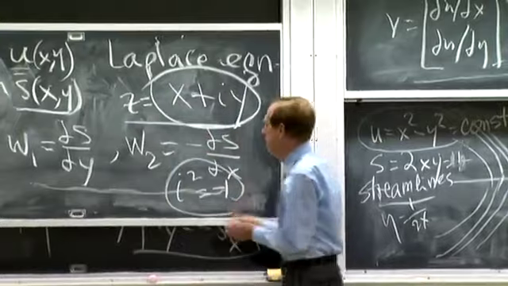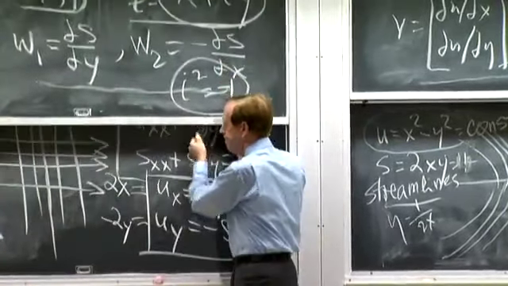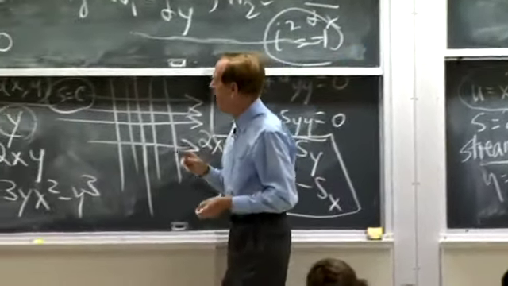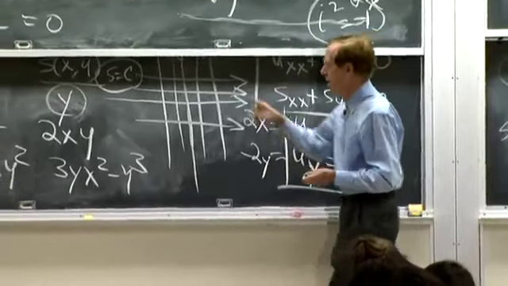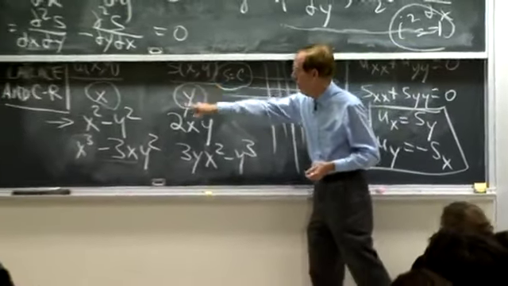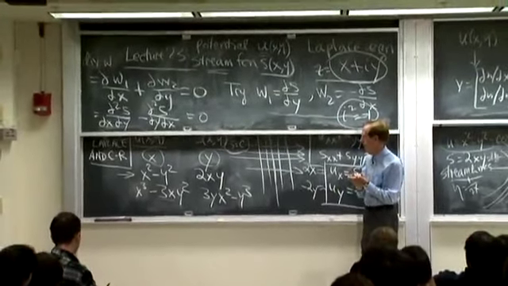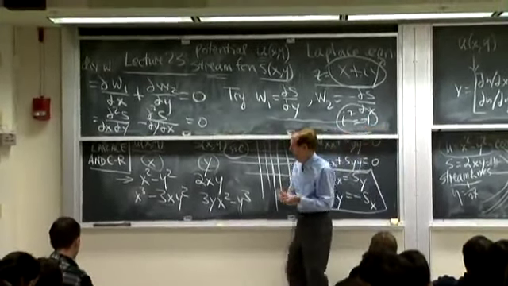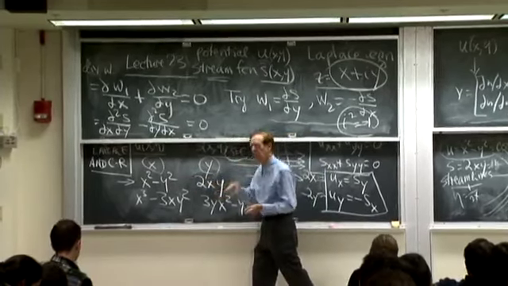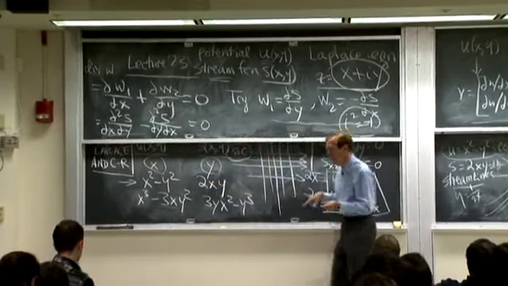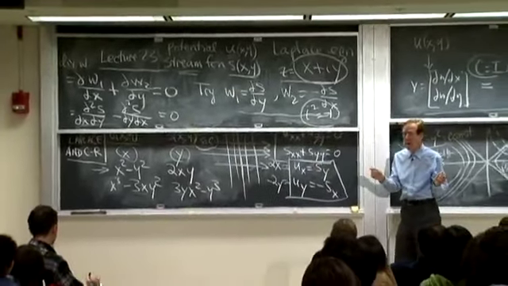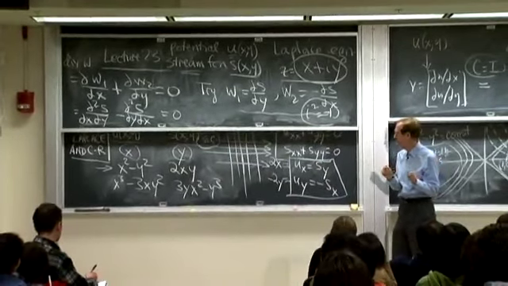And here's what I think. I think that these two pieces are the real and the imaginary parts of z. Now, these two pieces are the real and the imaginary parts of z squared.